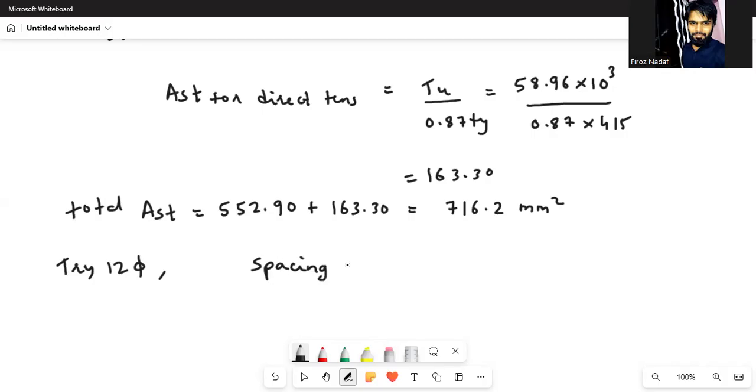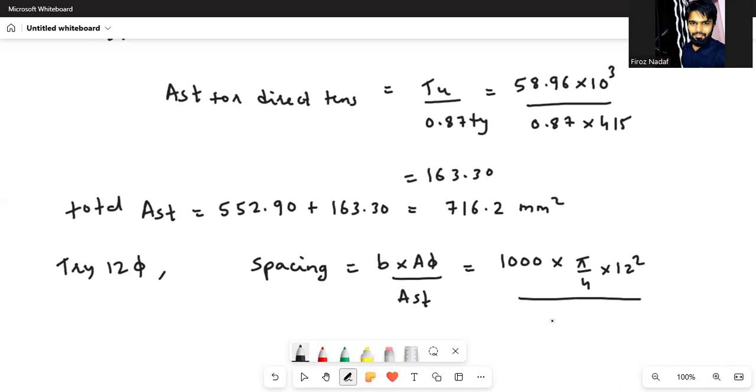Spacing equal to width into area of one bar divided by AST equal to width is 1000 mm. Area of one bar, you are assuming 12 mm diameter bar. So area of that bar will be pi by 4 into 12 square divided by whatever AST you have gotten, 716.2.